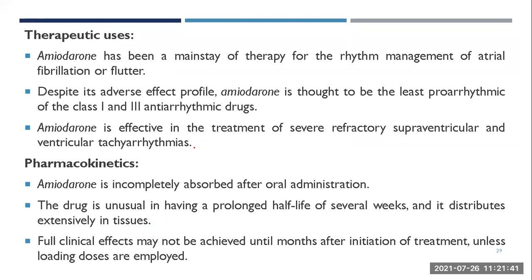Okay, so the therapeutic uses of amiodarone: it has been the mainstay of therapy for rhythm management of atrial fibrillation or flutter. Despite its adverse effect profile, amiodarone is thought to be the least proarrhythmic of class 1 and class 3 anti-arrhythmic drugs.